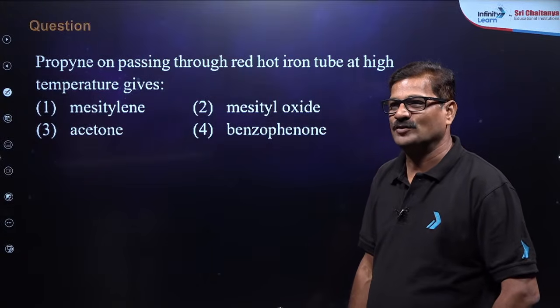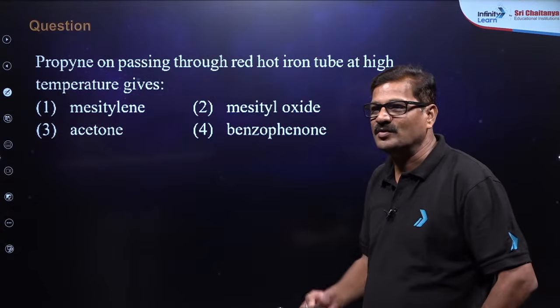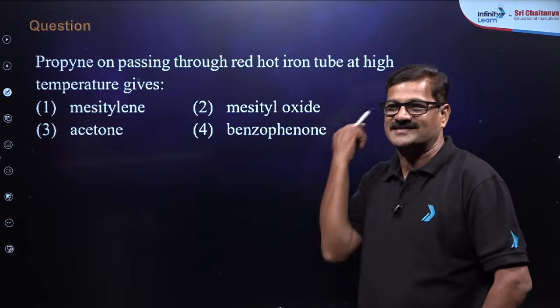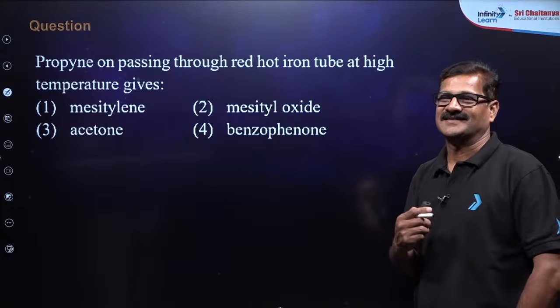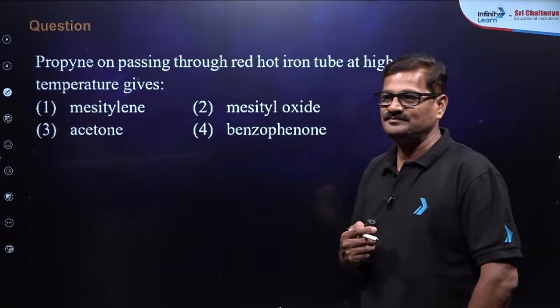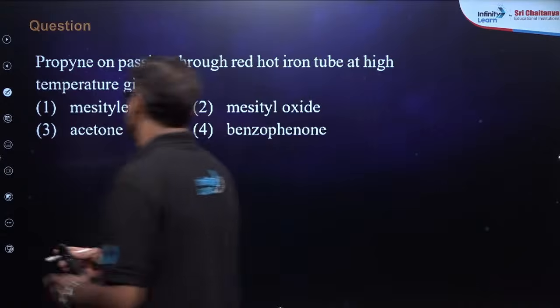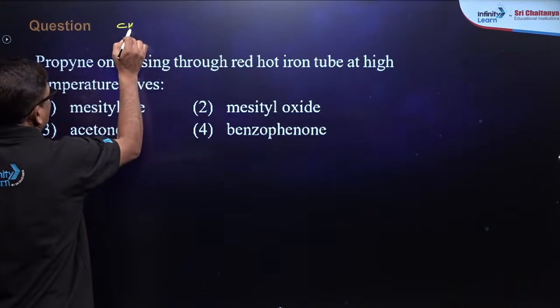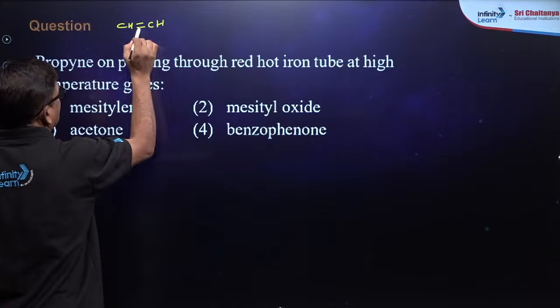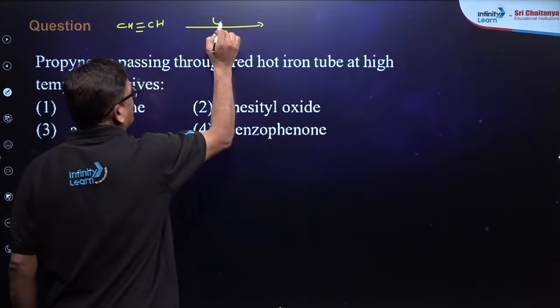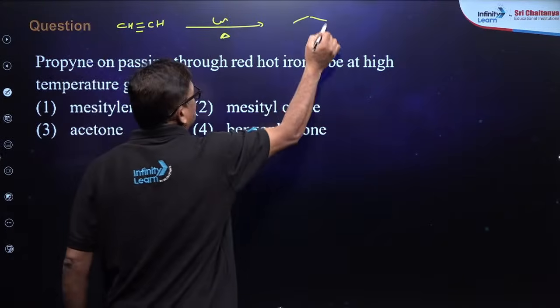Okay, so Sunil, I'm missing your answers. That's good. Propyne. So actually you see CH triple bond CH, when it is passed through red hot copper tube, you are going to get benzene.